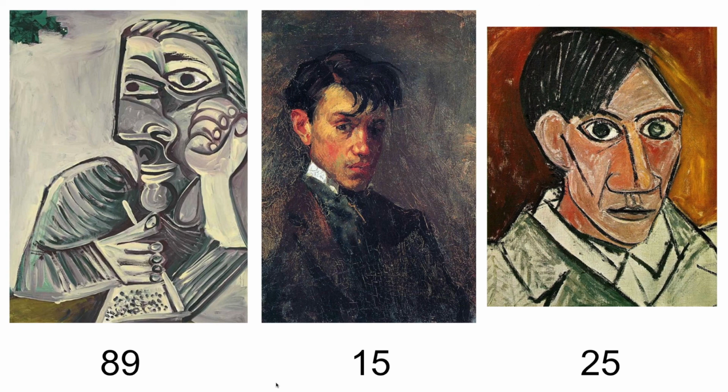Isn't that interesting how his style changed during his lifetime and how he started out painting more realistically, and then as he developed through his art career, went more and more abstract. It's pretty cool, right? Which one do you guys like the most? Tell me which one you like the most. I like them all for different reasons.